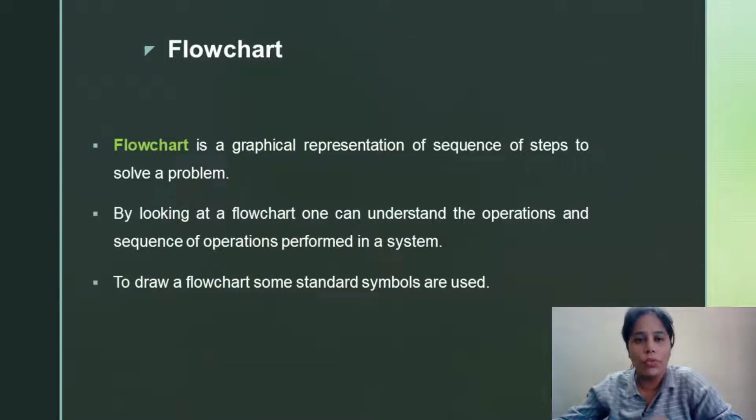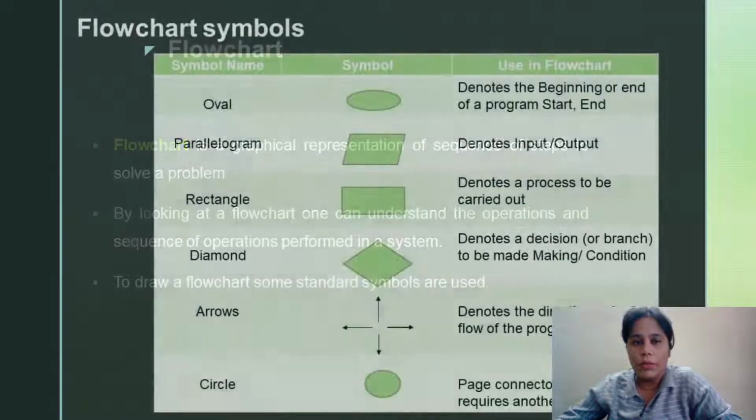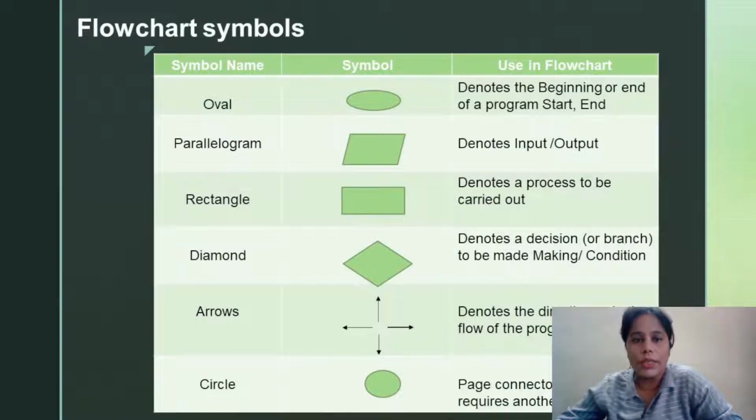Now, what is a flowchart? Flowchart is a graphical representation of sequence of steps to solve a problem. For drawing a flowchart, there are certain standard symbols which I am going to show in this slide. Oval indicates start and end, that means beginning and ending of the flowchart.